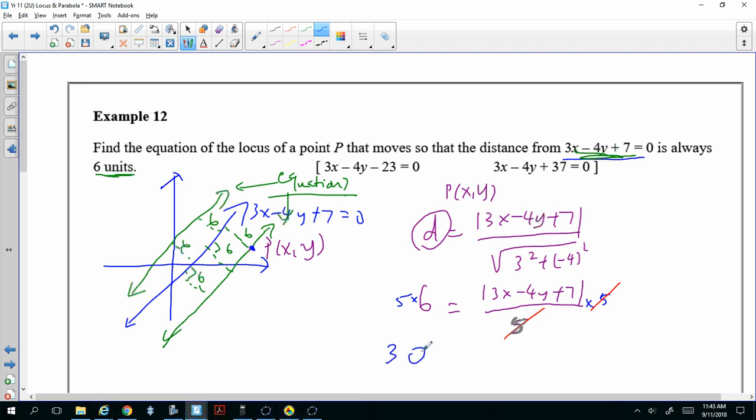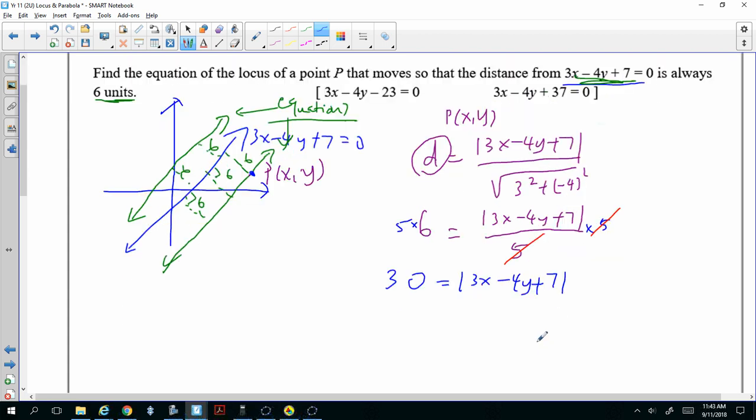And what do I do with the absolute value? You get two possible equations. So we get 3x minus 4y plus 7 equals 30, or 3x minus 4y plus 7 equals negative 30.